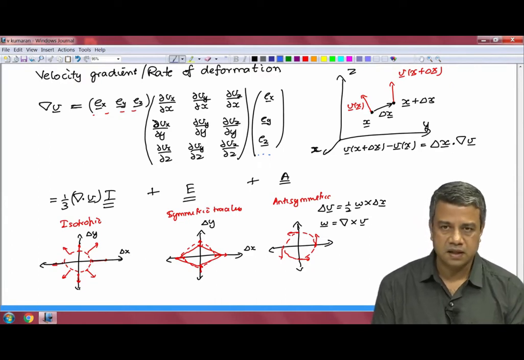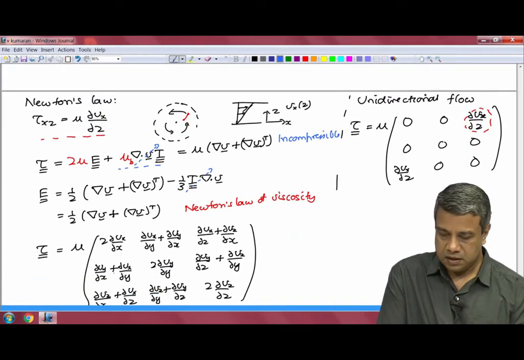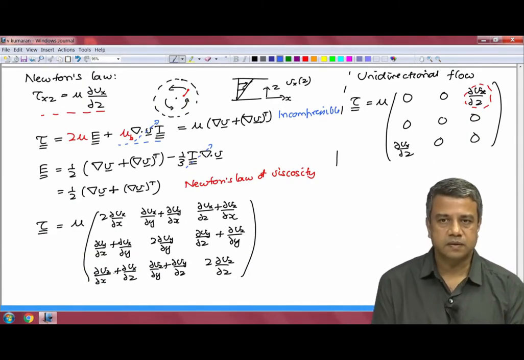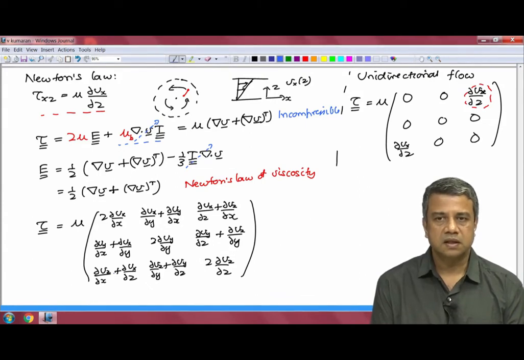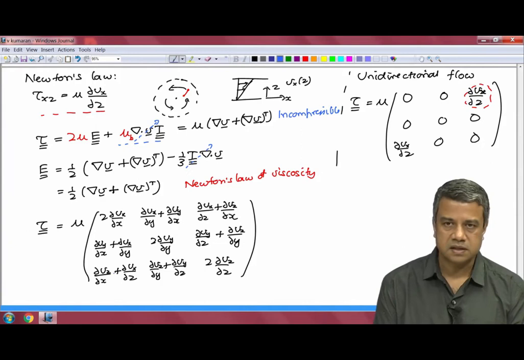And then there is the antisymmetric part, which represents solid body rotation. I told you that the stress cannot depend upon the antisymmetric part, because when a solid body rotates, the distance between nearby points does not change. There is no deformation of the material, and therefore there can be no internal stresses generated by solid body rotation.